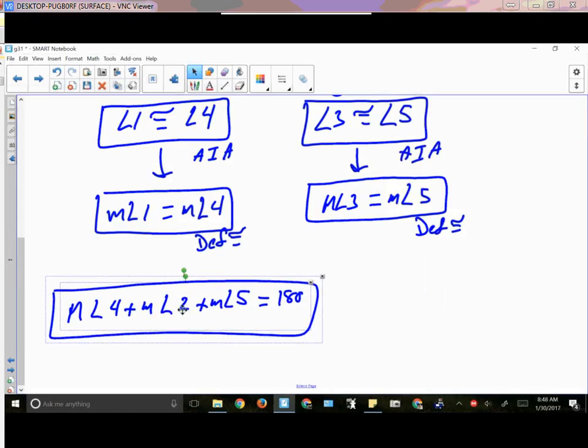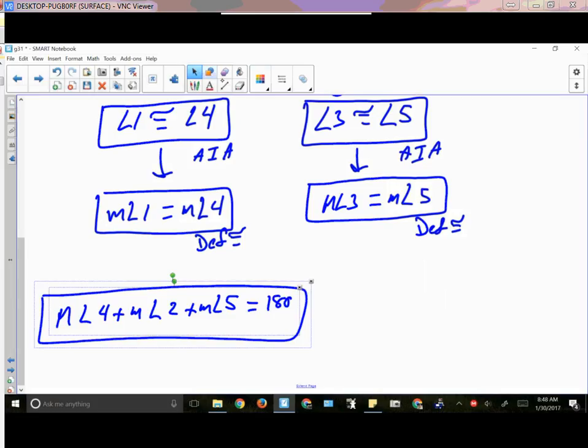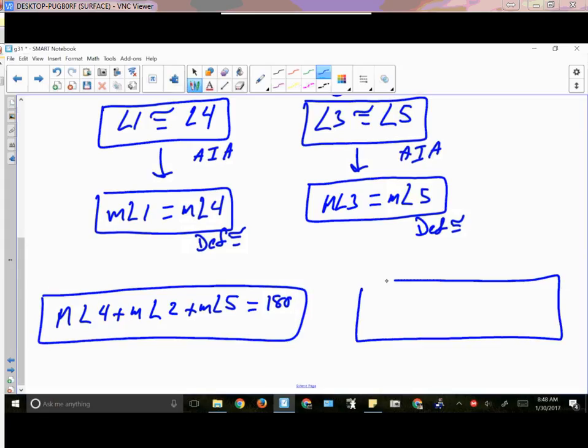This, I know, really looks confusing, doesn't it? Why in the world is it doing what it does? There are 3 things that I need to get down to make this statement that the measure of angle 1 plus the measure of angle 2 plus the measure of angle 3 equal 180 degrees. I needed this piece of information, correct? That 3 was 5.